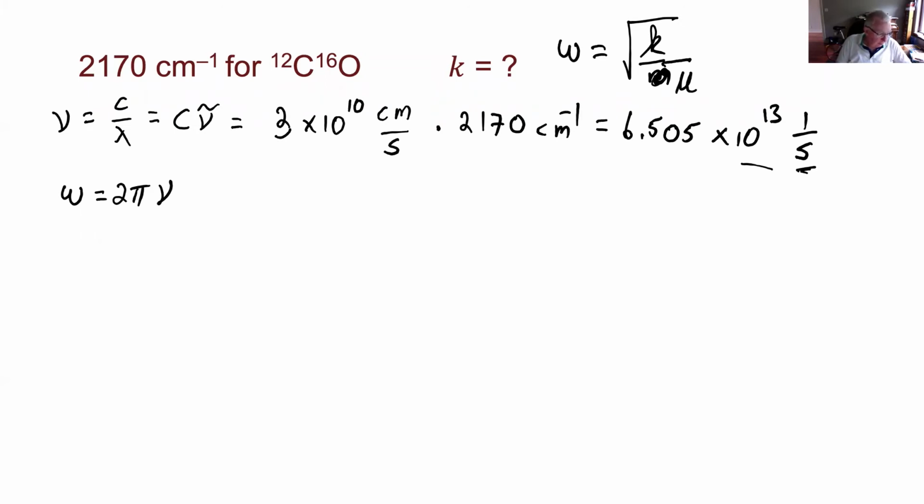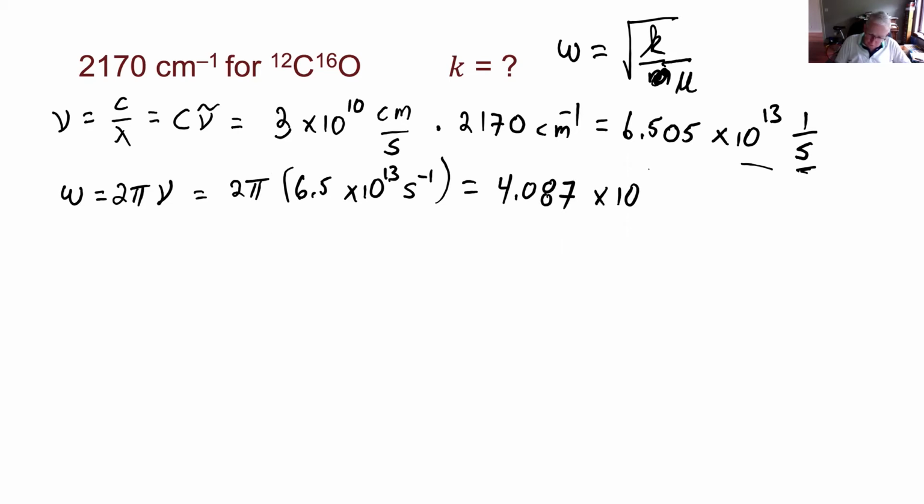So that's now equal to 2 pi times that number I have up there, and according to my notes, that is about 4.1 times 10 to the 14th. I'm still in 1/seconds, although now that's radians per second instead of vibrational cycles per second.